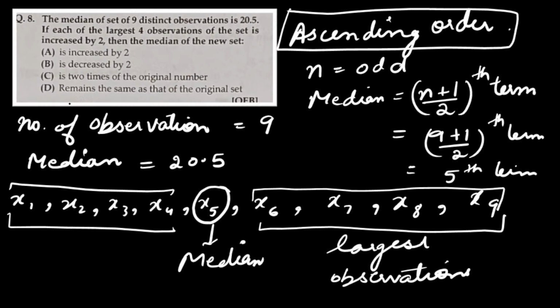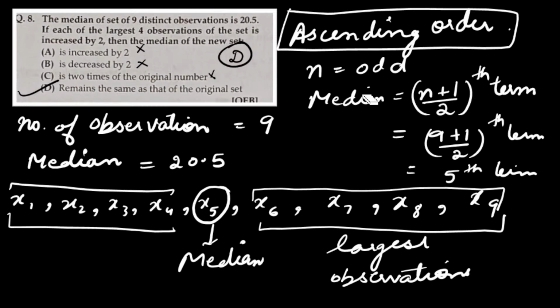So the median will remain the same. Which option is correct then? The first says median is increased by 2, which is not going to happen. The second says median is decreased by 2, again not going to happen. Another says 2 times the original. We have seen the median remains the same. So D option is the correct option. Yes, Shreyasi, Shivashankar and Jayashree have given the answer D, as median will only change if the fifth observation is changed. The fifth observation is not at all changed.